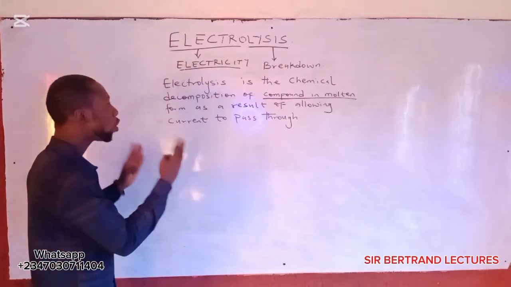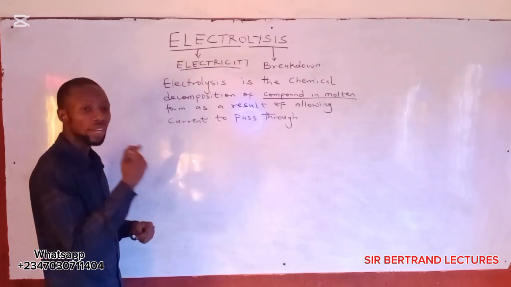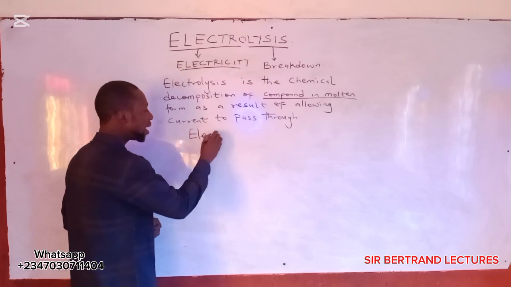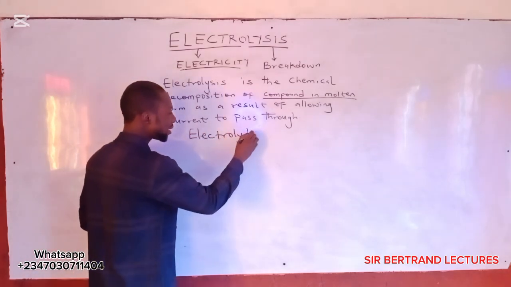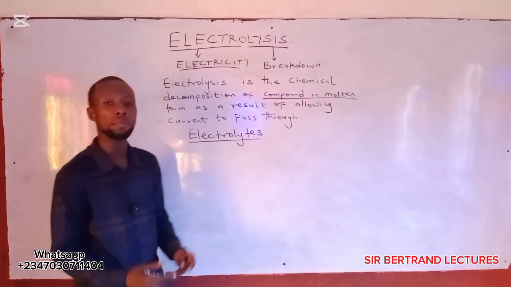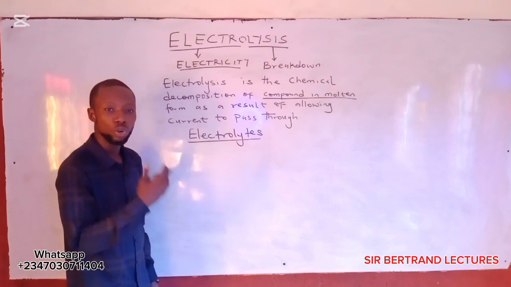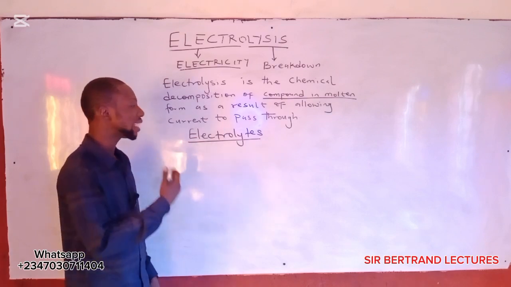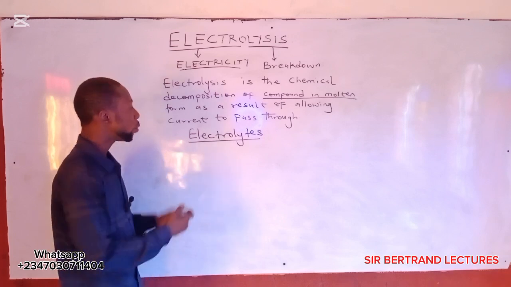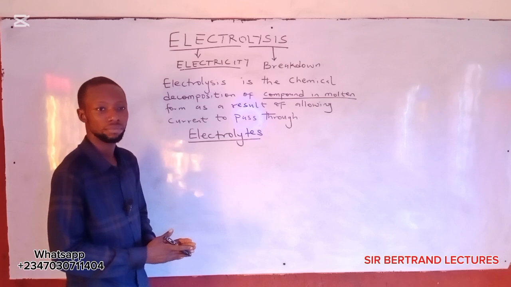Any compound that is in molten form and can allow electricity to pass through is known as an electrolyte. That means they are good conductors. But conductors and electrolytes are not the same.